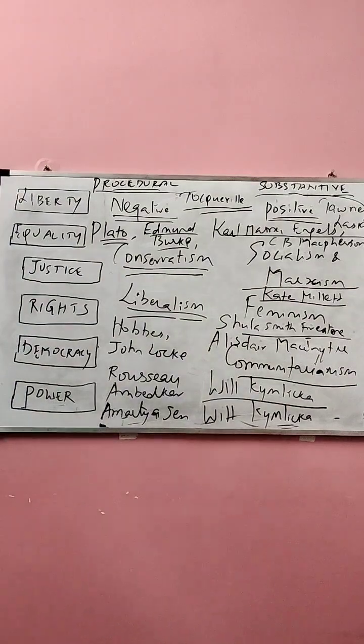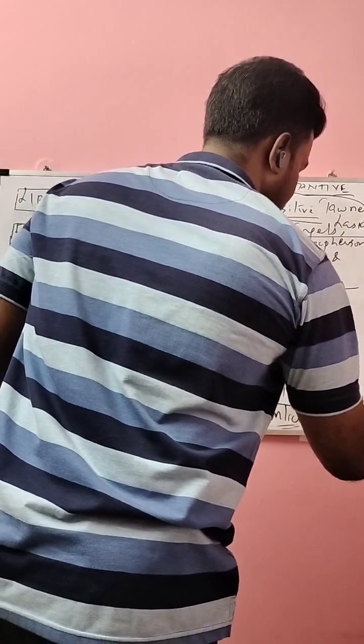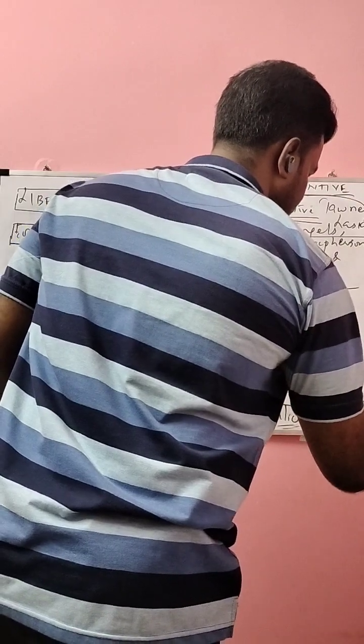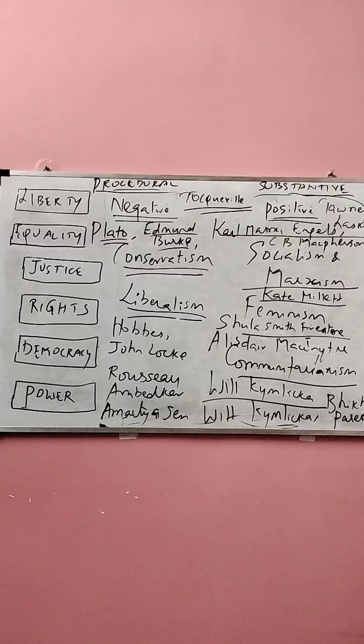In the Indian tradition, the important scholar is Bhikhu Parekh. Robert Nozick can be classified under liberalism. Isaiah Berlin can also be classified under liberalism.